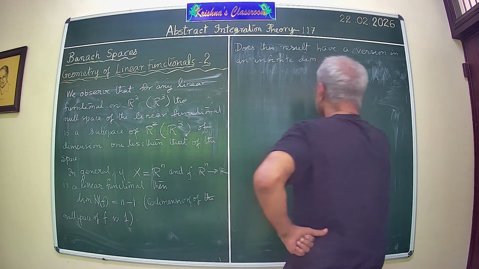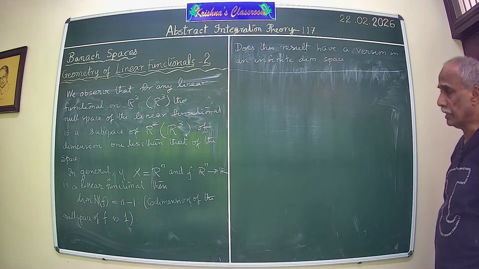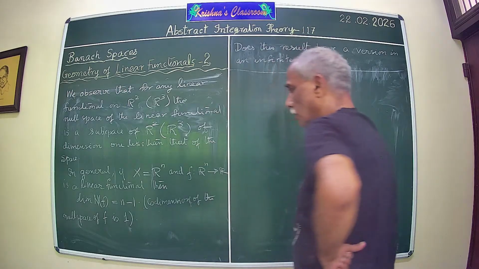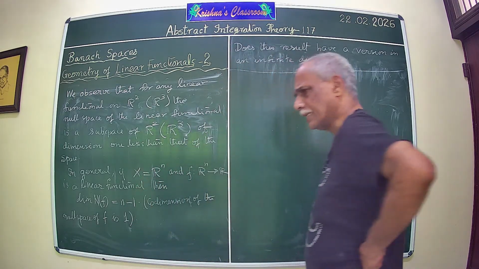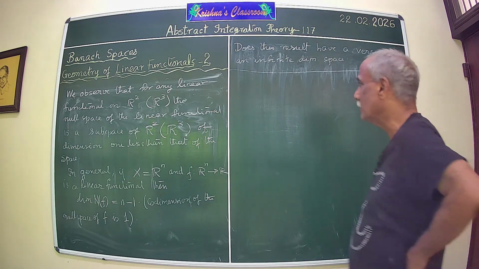So we have to give a meaning for this. You can say that the codimension of the null space of f is 1. That seems to be a fairly good expression.